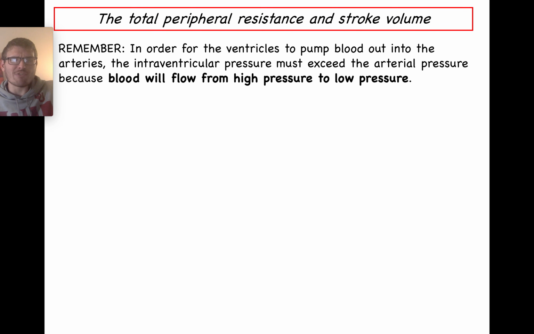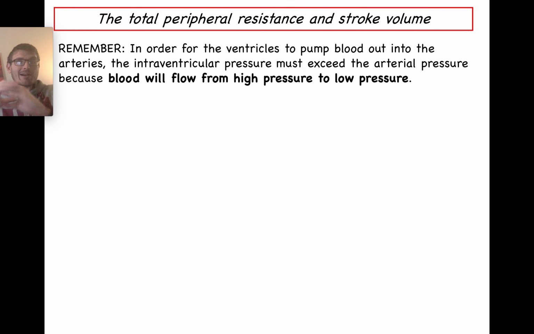And then the last thing for us to discuss here is the concept of afterload. The idea that this total peripheral resistance, this resistance to blood flow in the arteries, can actually influence how hard the ventricles have to work. So do not forget, in order for the ventricles to pump blood out into the arteries, the pressure in the ventricle has to be higher than the pressure in the arteries, because as we've said a million times already, blood will flow from high pressure to low pressure.